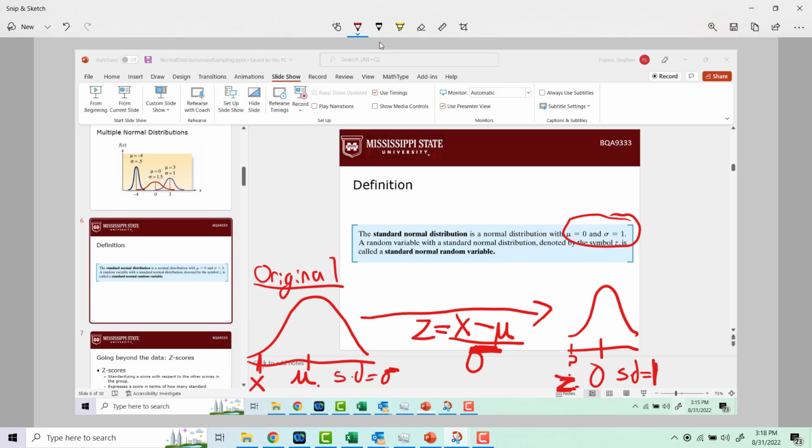So if we do our z equals x minus mu over sigma, this x has now been transposed to a z on a distribution with a mean of 0 and a standard deviation of 1, rather than the original sigma. Original and standard.